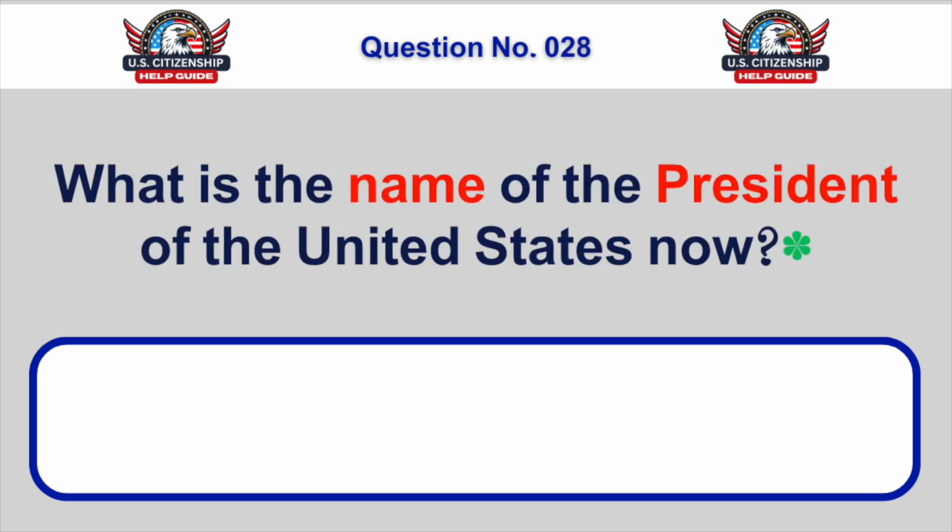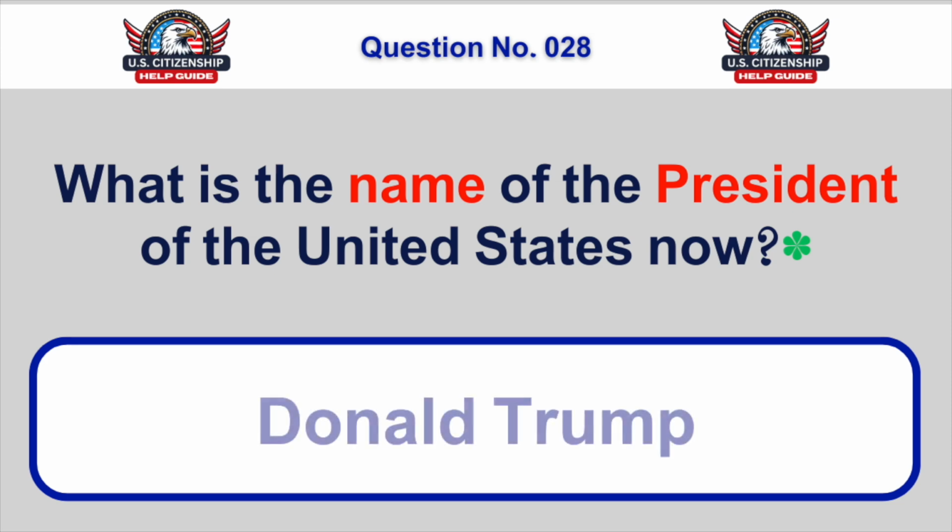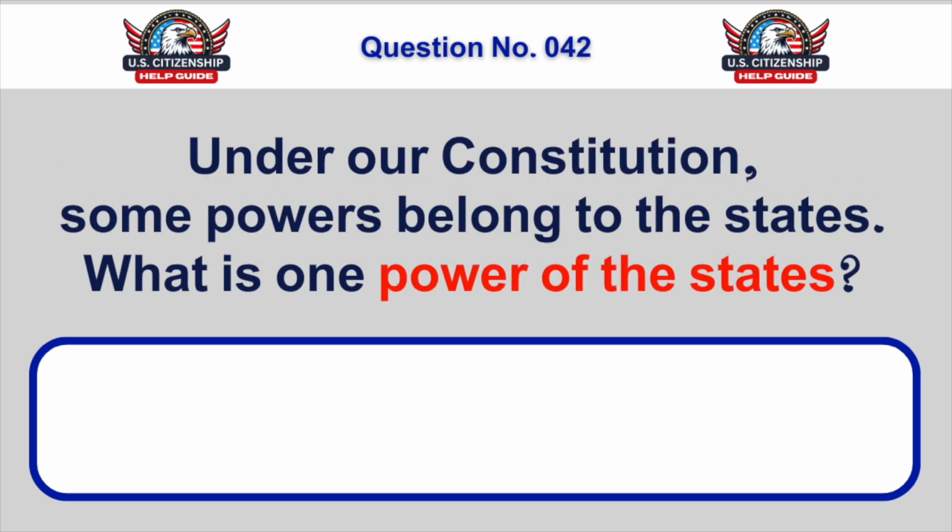What is the name of the President of the United States now? Donald Trump. Under our Constitution, some powers belong to the states. What is one power of the states?